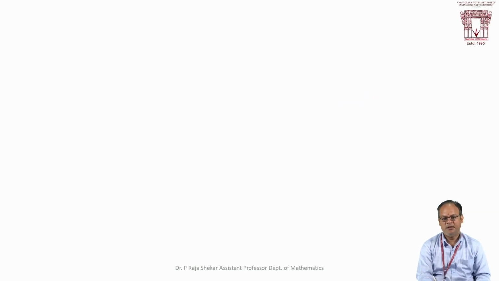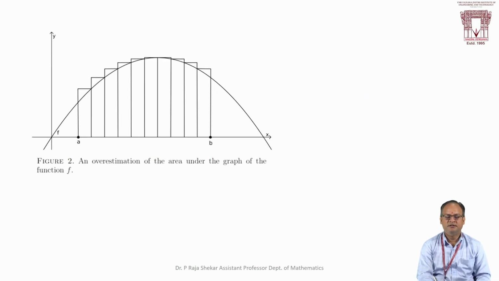This can also be seen by overestimation, where we consider rectangular areas something like this, with each rectangular area exceeding the curve f of x. So in both cases we find some error. That is why we put a constant all the time when we integrate any function f of x.